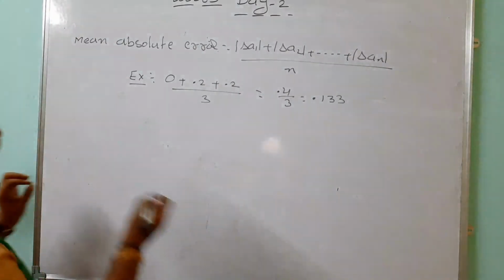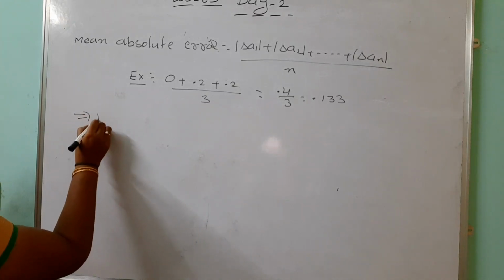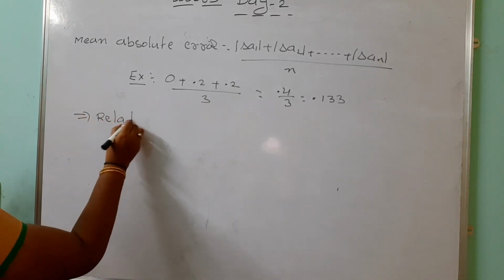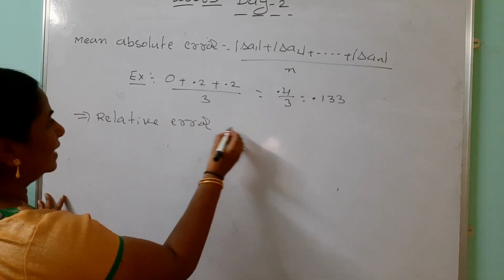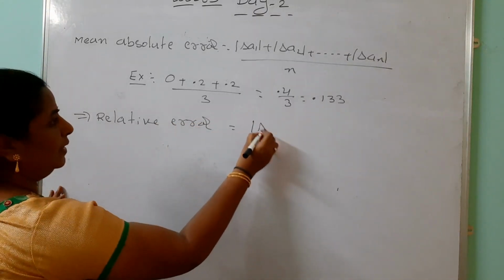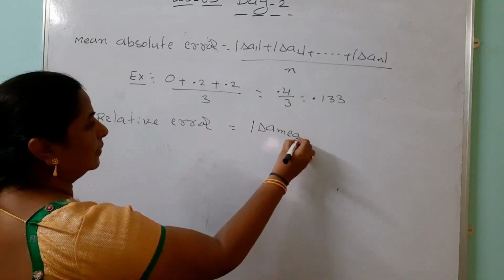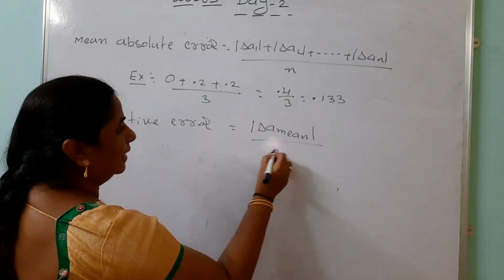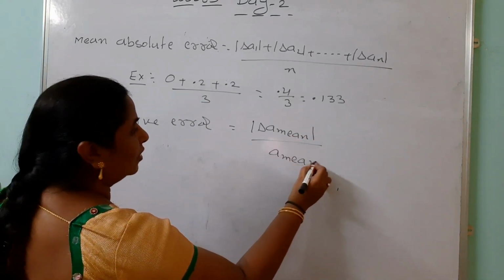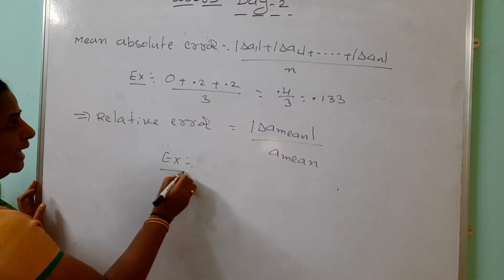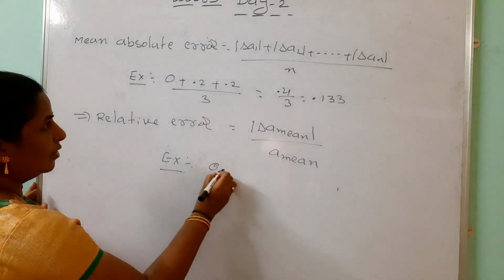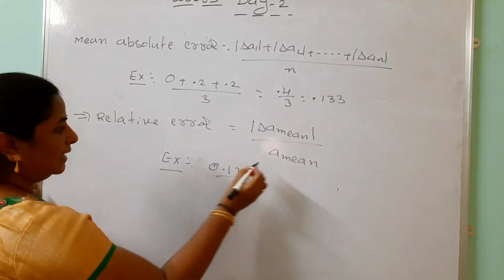Then our next one is the relative error. What is the relative error? Mean absolute error divided by A mean is called the relative error. Just now we know that delta A mean is 0.133, and A mean is 4.